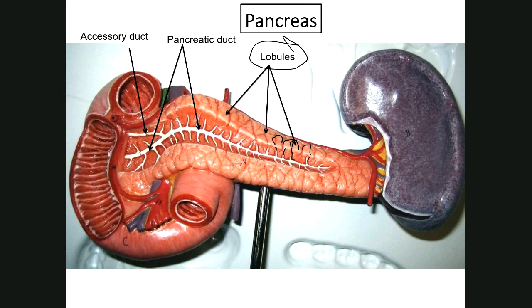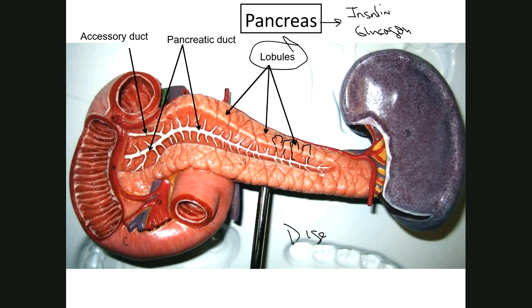And so the pancreas makes lots of different things. In fact, when we did endocrine, remember we talked about that it makes insulin and it makes glucagon, those hormones. Well, those are important, but it also makes a ton of digestive enzymes.